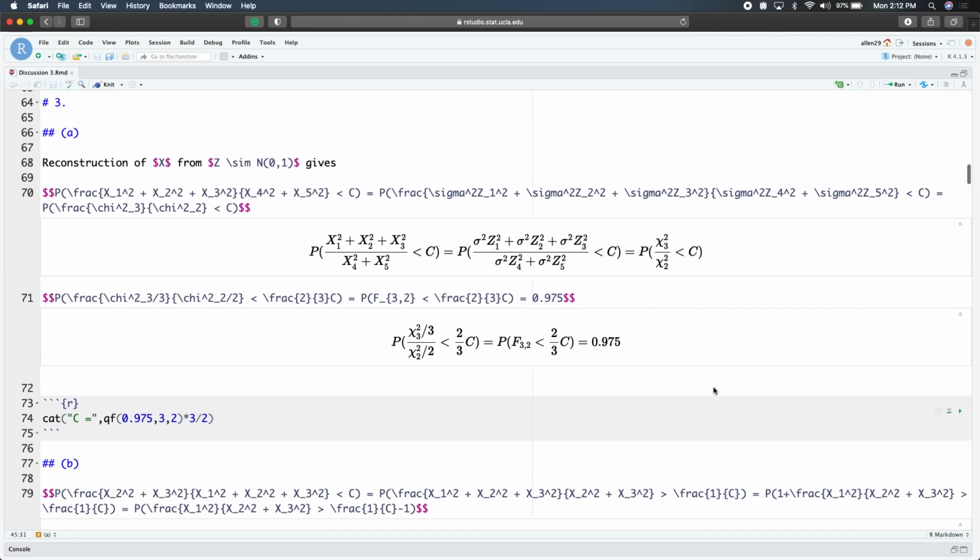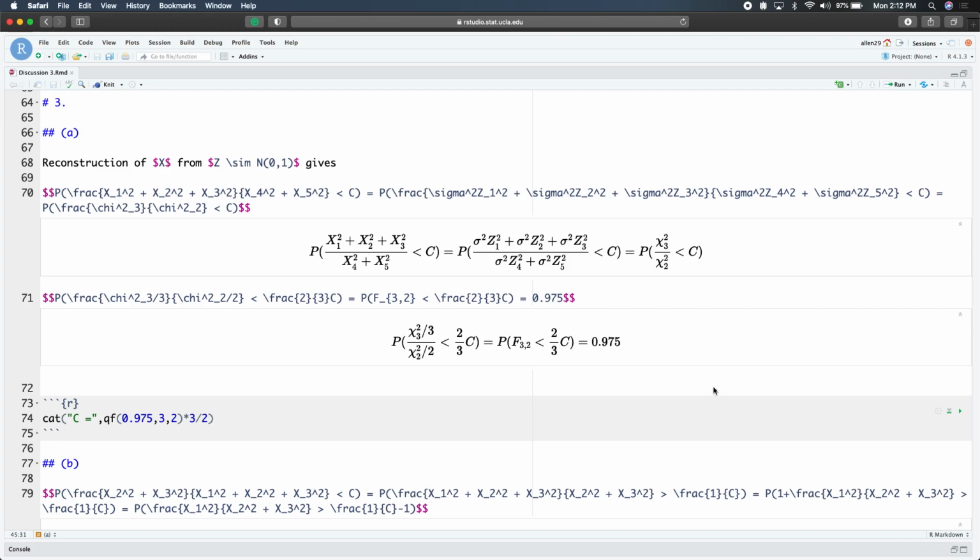Okay, then for question 3. In this question, we have 5 independent, again there's the keyword IID, copies of X_i for i from 1 to 5, and each of them follows a general normal distribution.